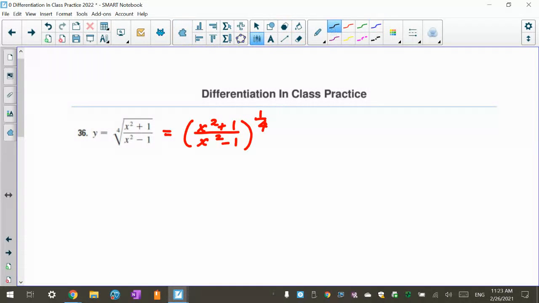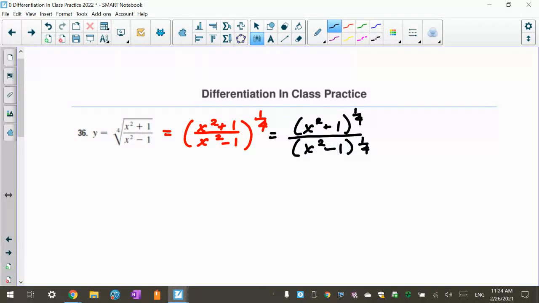But what I will do is tell you that I want you to use logarithmic differentiation. So I'm going to actually natural log both sides in a minute, but I'm going to continue on because I am going to use logarithmic differentiation. And because this fraction is raised to the 1/4, I can do each the numerator and the denominator raised to the 1/4.